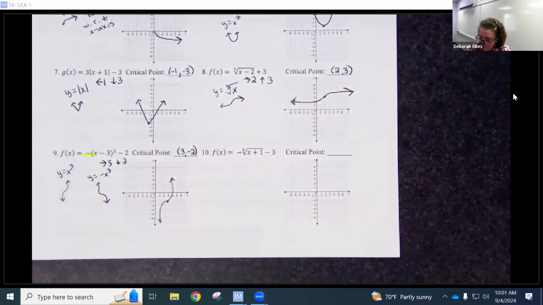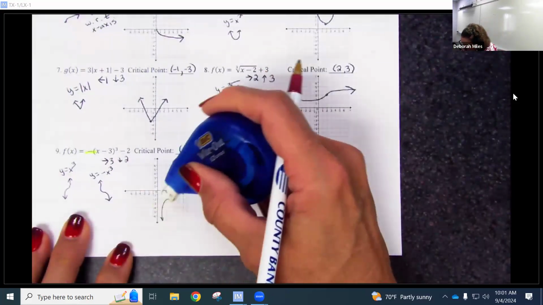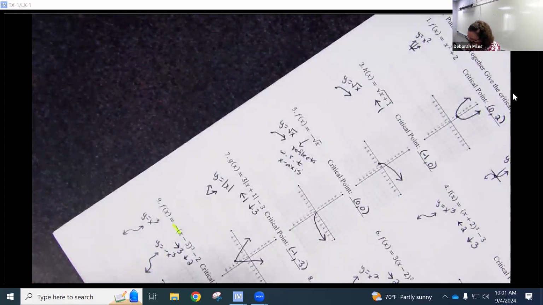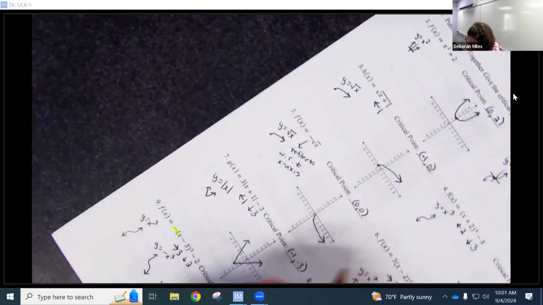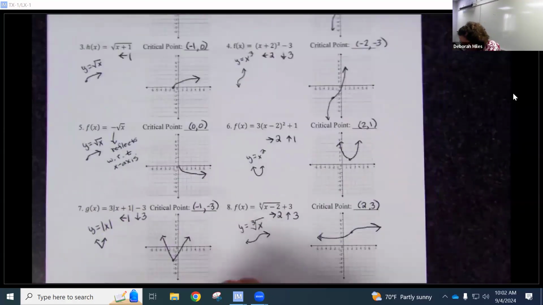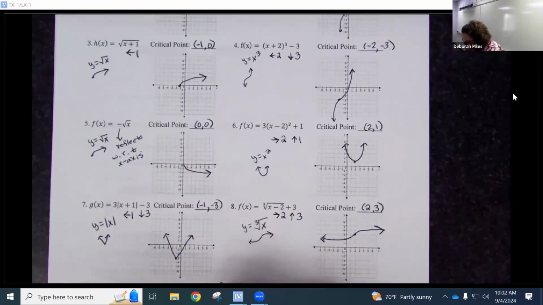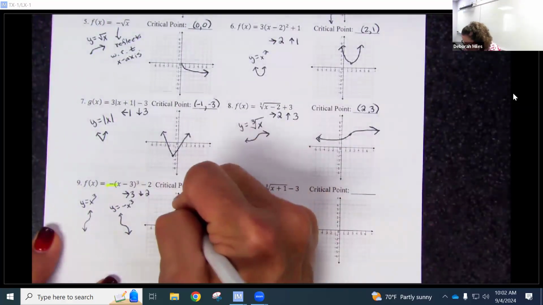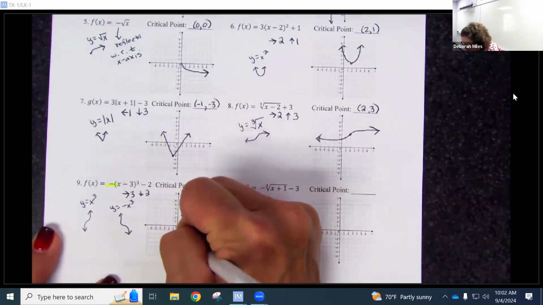So I have made a mistake. I need white out or tape. If not, I'll just scribble it out. Ah, there we go. 3, -2 was right here. I should just have a downhill snake through that.